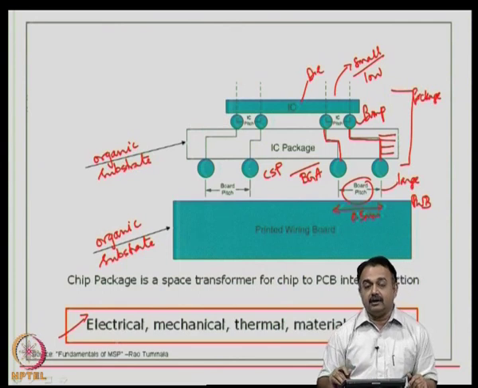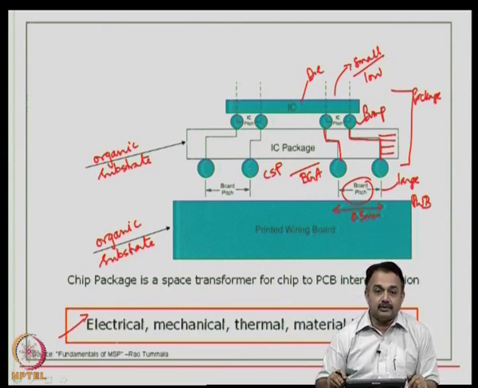So, there can be issues like crosstalk, impedance issues and other electrical parasitics that you have to take care of, or which will become visible if you try to test these kinds of electrical issues.